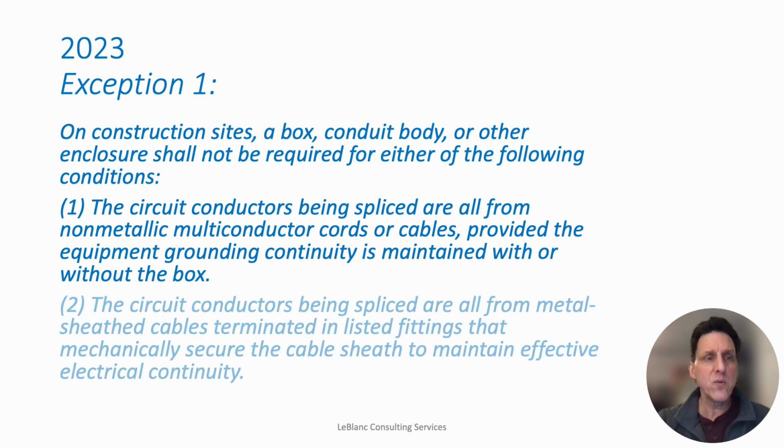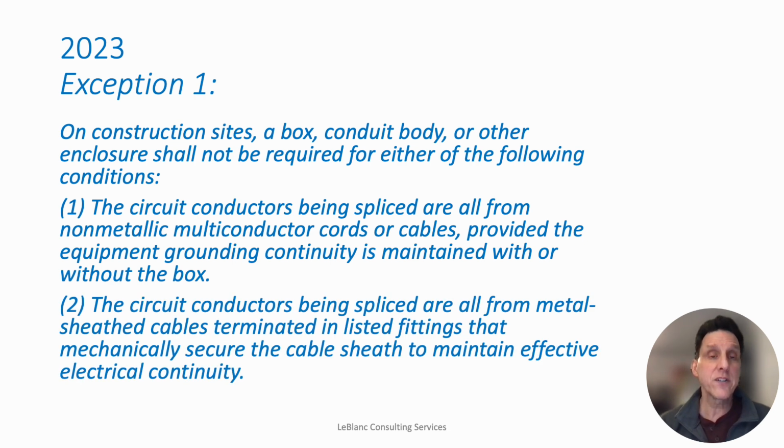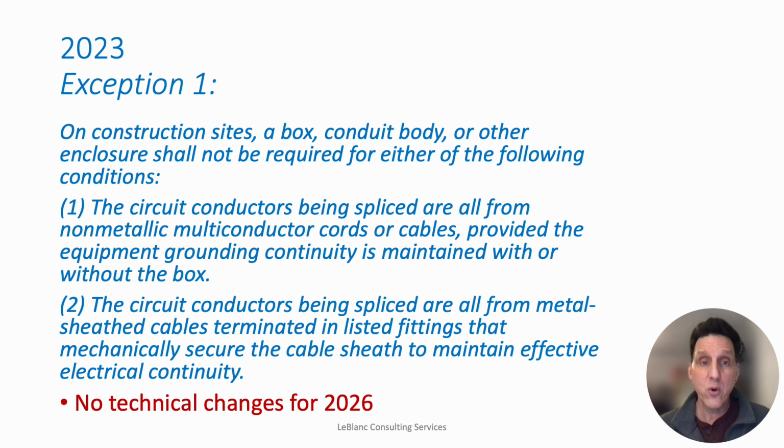Item 2, the circuit conductors being spliced are all from metal sheathed cables, terminated in listed fittings that will mechanically secure the cable sheaths to maintain effective electrical continuity. And again, no technical changes for exception 1 were proposed for 2026. So let's take a look at some graphics to see how it applies.